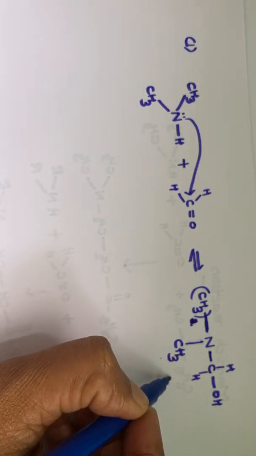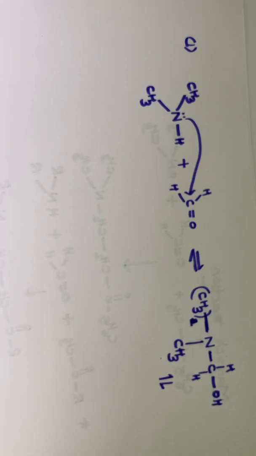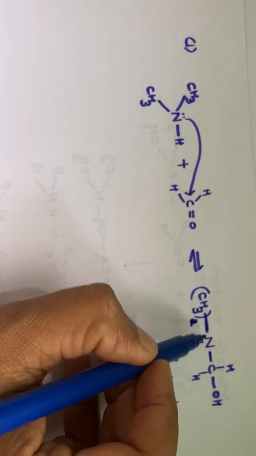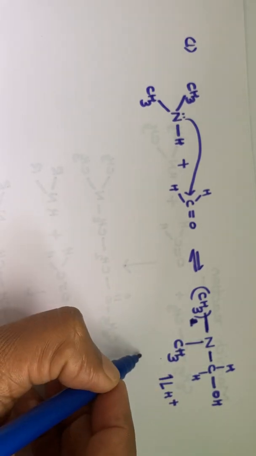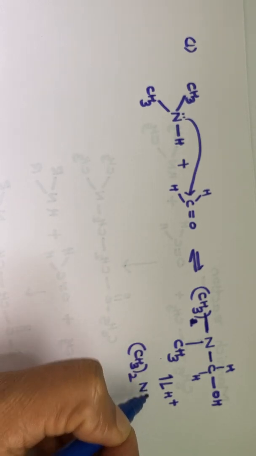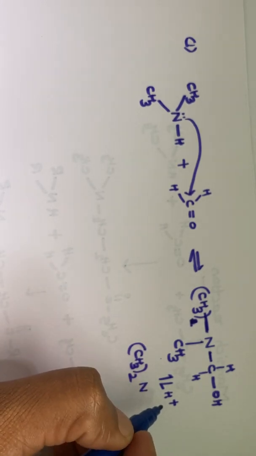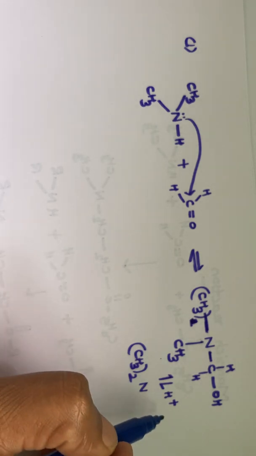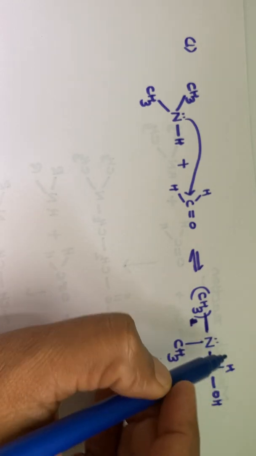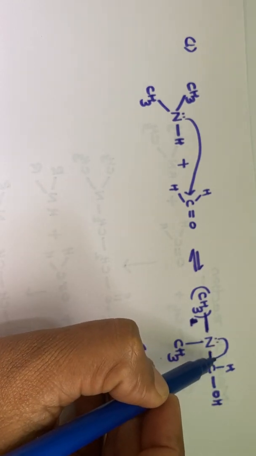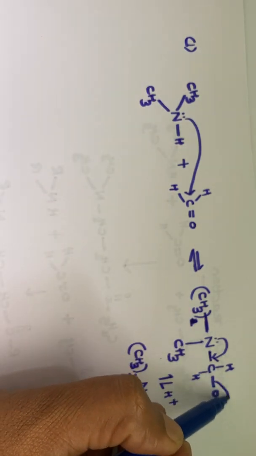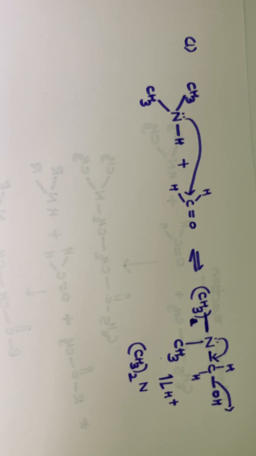Then, in presence of an acid, the lone pair of electrons on nitrogen move here. Loss of OH as water takes place.